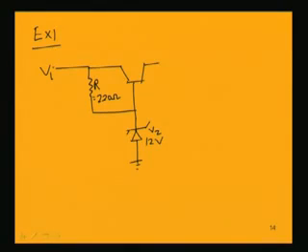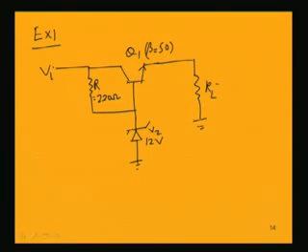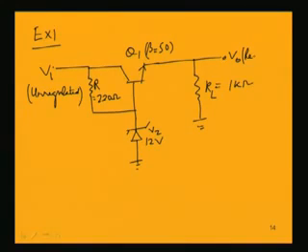Vi is the unregulated supply voltage, Q1 is the transistor, an NPN transistor with a beta value of 50, say, and the load resistance RL is 1 kilo ohm. This is the voltage V0, the regulated output we should get. So Vi is unregulated, and by using this voltage regulator circuit we should get V0, which is a regulated voltage.